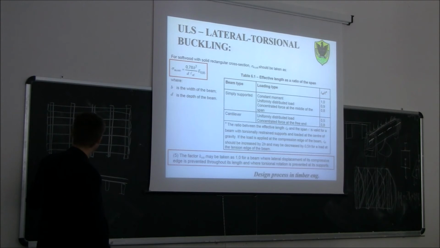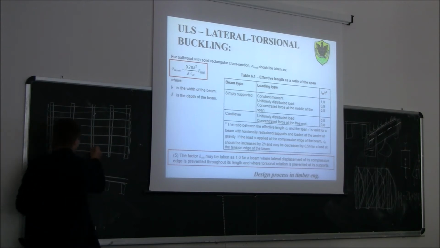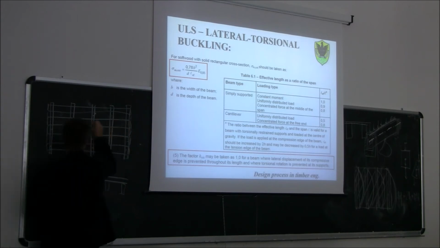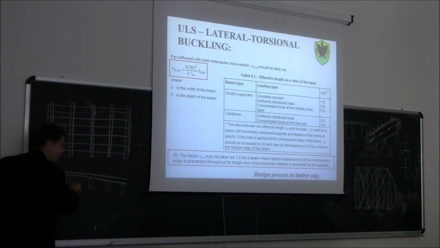If you see a number of boards which are connected, let's say, with a few nails on the beams underneath, is this layer of boards offering a lateral support to the compression edge of the beam?